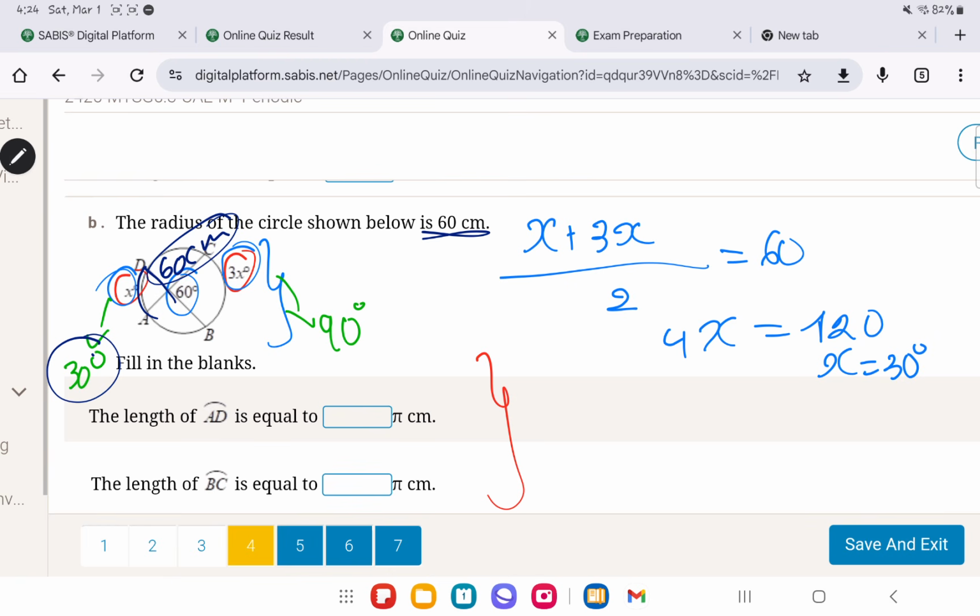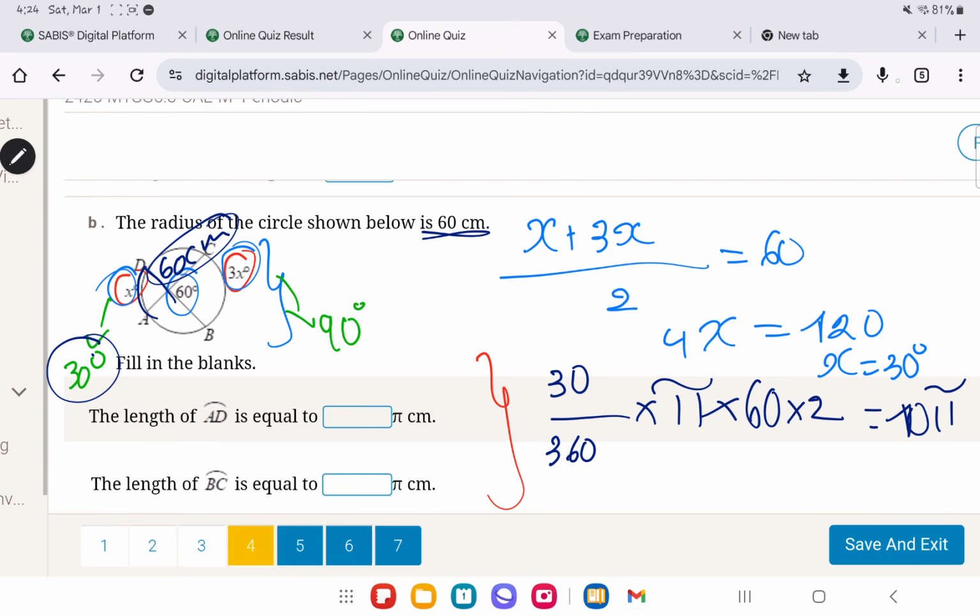So, to find the length of any arc, it is angle, which is 30 over 360 times 2 pi times the radius. So, after putting it on the calculator, you are gonna get 10 pi.